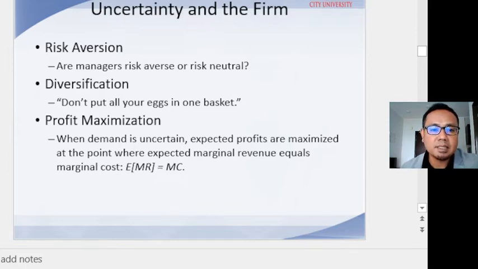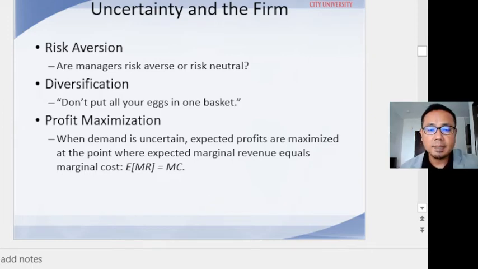This means that to maximize expected profit, the manager should equate expected marginal revenue with marginal cost in setting output. So normally we can put it as EMR equal to MC, which can help the manager to make a decision. The reason is simple.